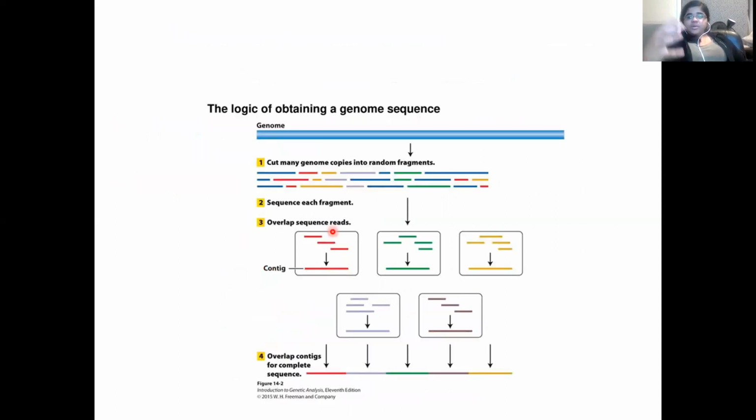Then the logic behind obtaining a genome sequence revolves around these 4 steps. First, you cut it all into mini fragments, because we have DNA genomes that are huge, right? So we want to break it down into small pieces, just like how we study things, right?